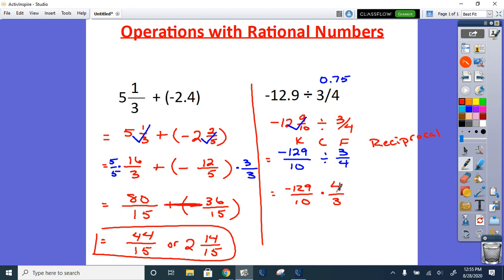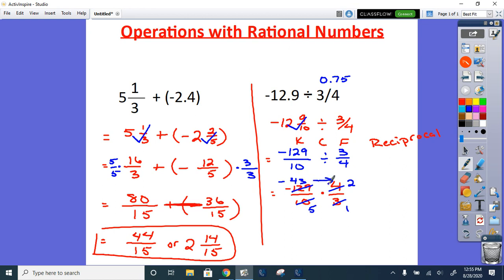So I look here and I look at 10 and 4. I do have the ability to cross-reduce by a common factor of 2. 10 divided by 2 is 5. 4 divided by 2 is 2. I look at the same thing as I look diagonally across with 129 and 3. Actually, they both reduce by 3. So I'm going to reduce them. This one will stay negative in here. Okay? This actually becomes negative 43.